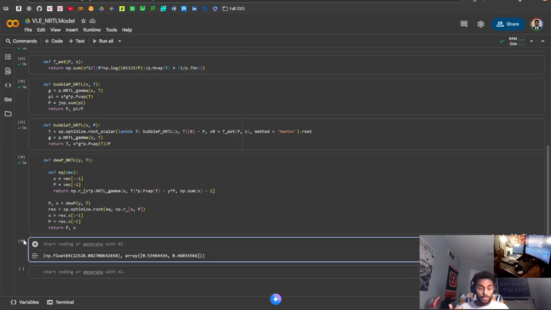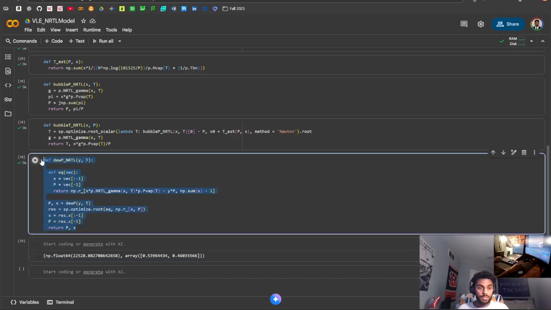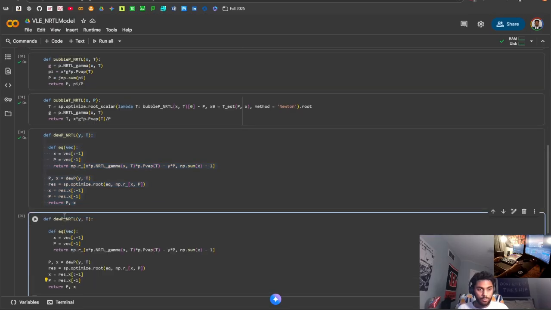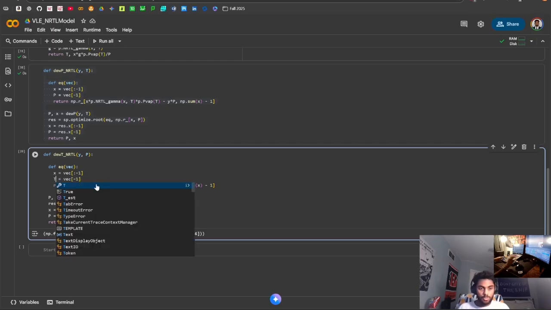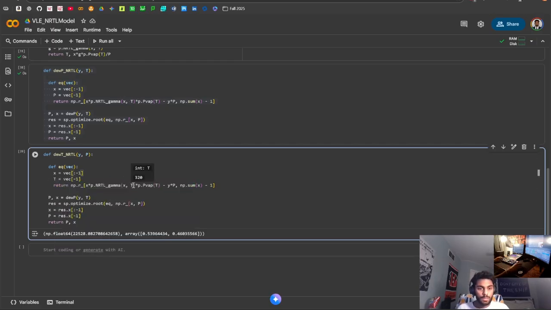And actually our dew temperature is going to follow a very similar sequence. So what I'm going to do is I'm just going to copy and paste this over. It's going to be our dew temperature with inputs of our compositions and pressure. We're going to return our temperature back from our array. We're going to use our dew temperature function that also has inputs of pressure.